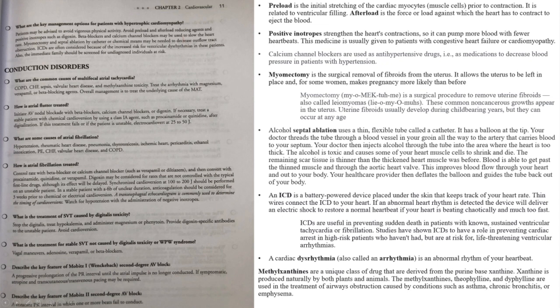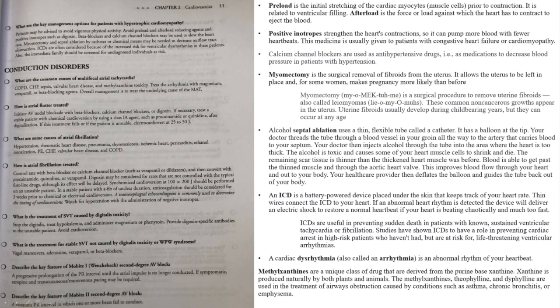Myomectomy is surgical removal of fibroids from the uterus, which are common non-cancerous growths that usually develop during childbearing years. Septal ablation by catheter or chemical means may be needed to decrease outflow tract obstruction.